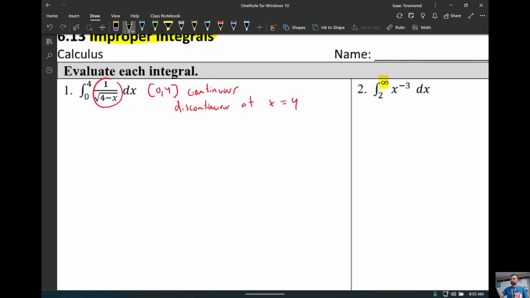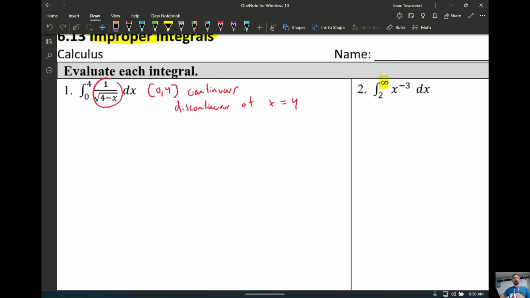So notice, if we were doing 1 over x, this would be a problem if I was doing negative 1 to 1. I'd have to break this up at 0. I'd have to do negative 1 to 0 to the left plus 0 to the right to 1, because 0 is undefined. But if this was 2 to 3, it's never discontinuous between 2 and 3, so all of a sudden it's not going to be an issue.